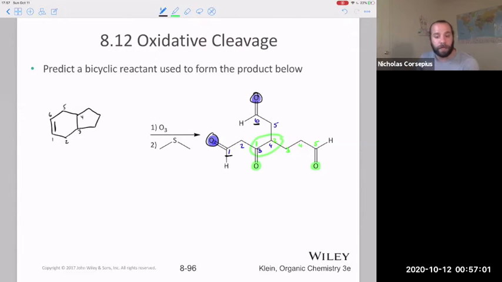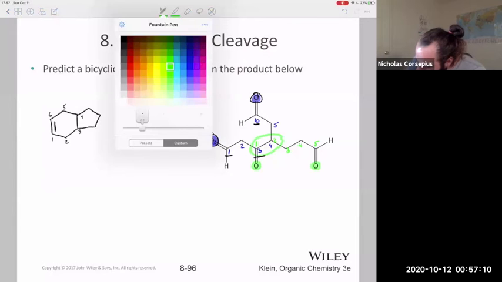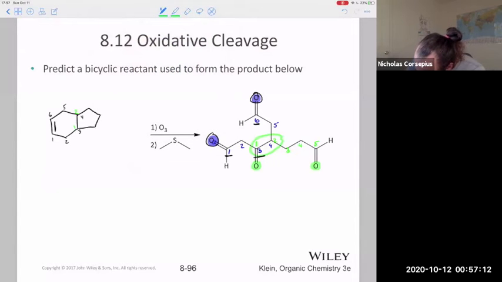And then I'm going to count, making sure to stick with what I had here, where carbon 1 in the green was carbon 3. So let's go back to being green up here. So this would be 1, 2, 3, 4, 5. And now I need to make sure that I have a double bond between carbons 1 and 5 in that 5-membered ring. Right, so this would be my original bicyclic alkene that I started with to get this big ugly product.